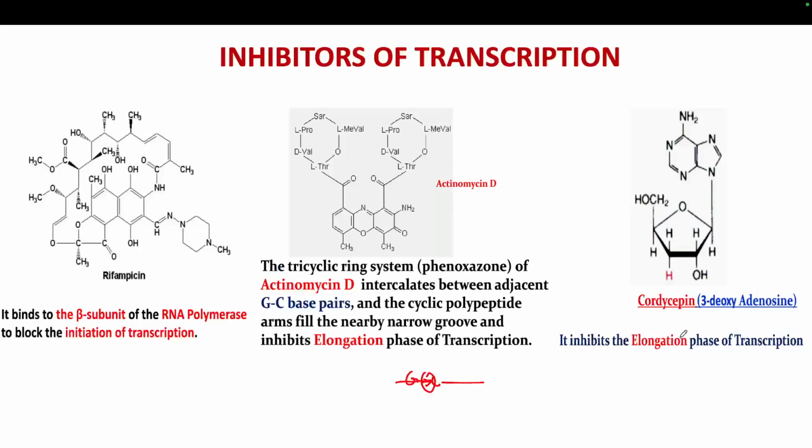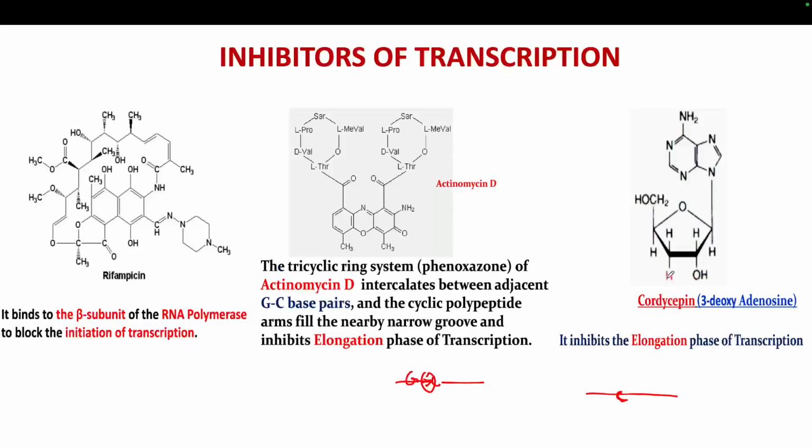Then you have cordycepin. Cordycepin inhibits the elongation phase of the transcription. Here you can see that this is an analog of adenosine. While synthesizing the RNA, if cordycepin is introduced in place of adenosine in the mRNA, it does not have the 3' OH group.